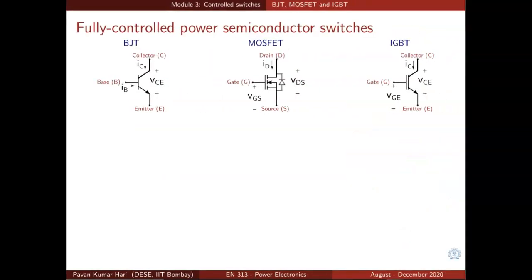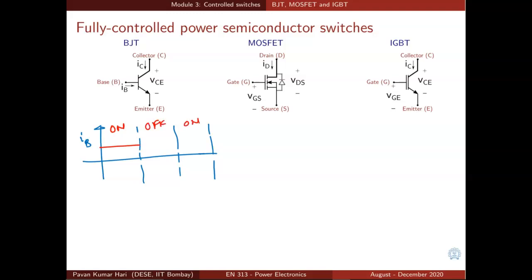Another point to note is the control effort. For example, let us say you have an on state, off state, on state like this for a given switch. So the base current needs to be present. For example, if the switch has to be on here, off here, again on here, base current has to be positive as long as the BJT is conducting, and it could be 0 or negative for a quick turn off.